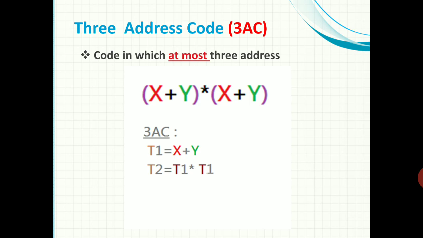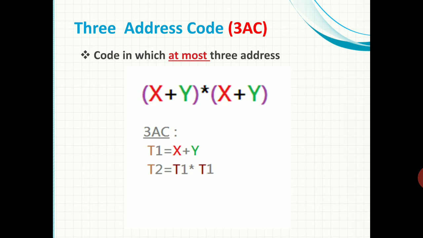So first we generate the left parentheses combination, that is x plus y is evaluated first, then it is stored in a temporary variable t1. So it contains three references: the first one is t1, then x, and then y.